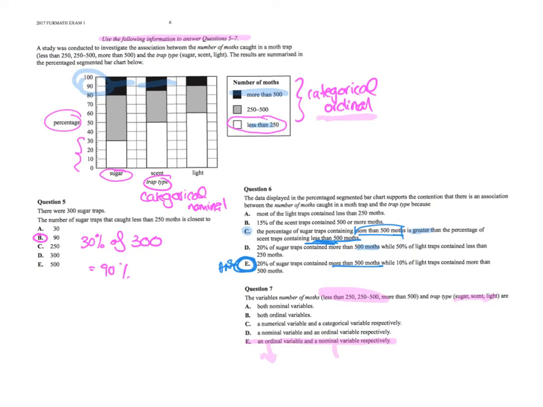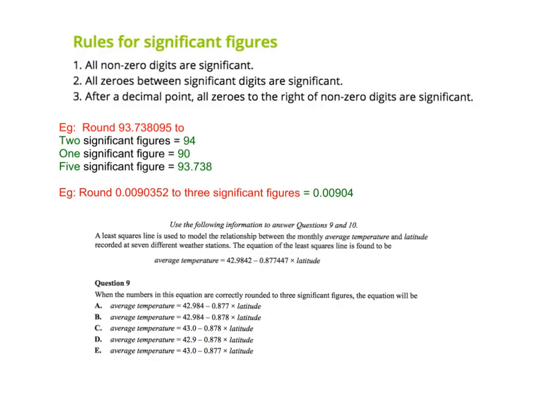So go with that. Okay, so for significant figures, what you do is once you get a non-zero number, that's when you start counting. And then once you are counting, all numbers are significant from that point on. So if you have a look, in this example, if I had to round this to 2 significant figures, you can see I start counting straight away because that's not a 0.